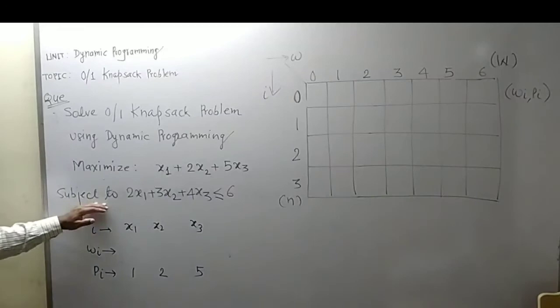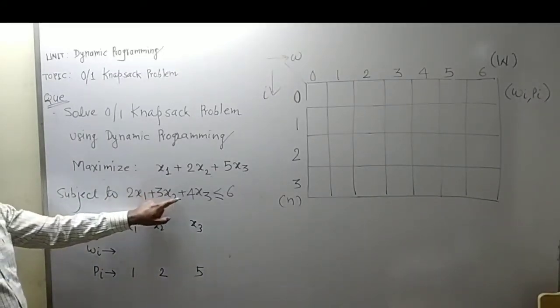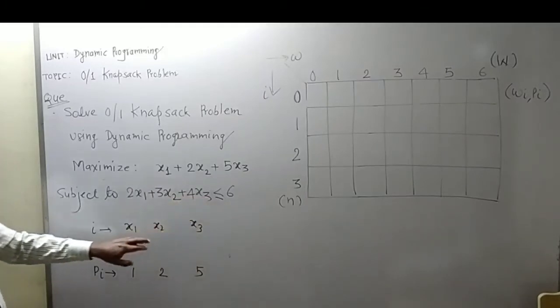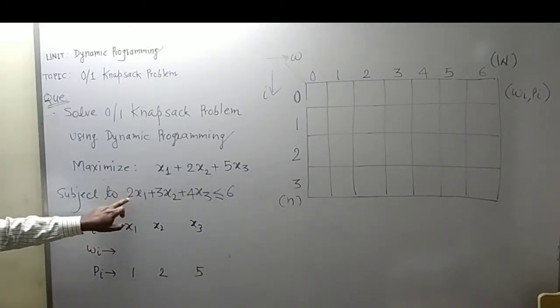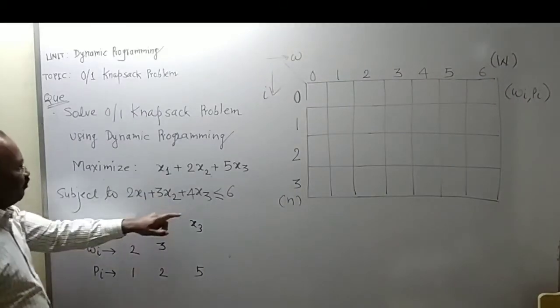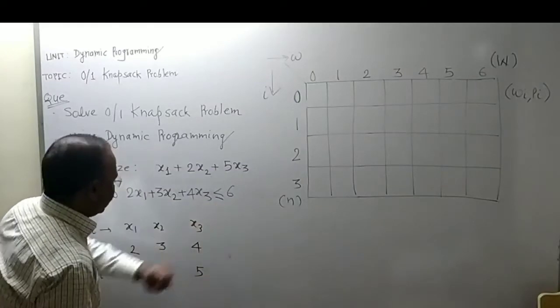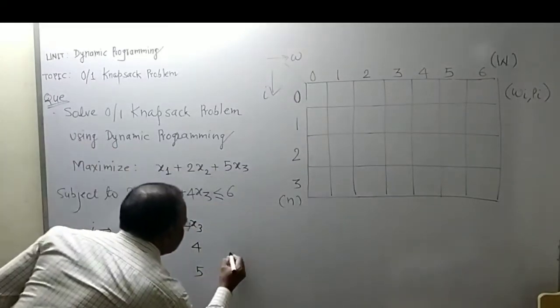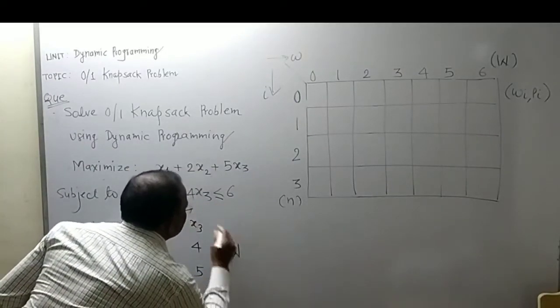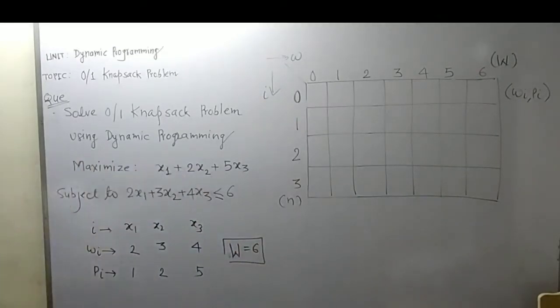In a similar way, subject to the equation 2x1 + 3x2 + 4x3, the weight of x1 is 2, weight of x2 is 3, weight of x3 is 4, less than or equal to 6, which means the capacity of the knapsack is 6. Maximum capacity of the knapsack is 6.